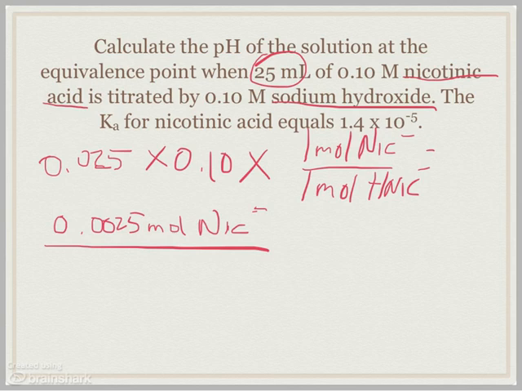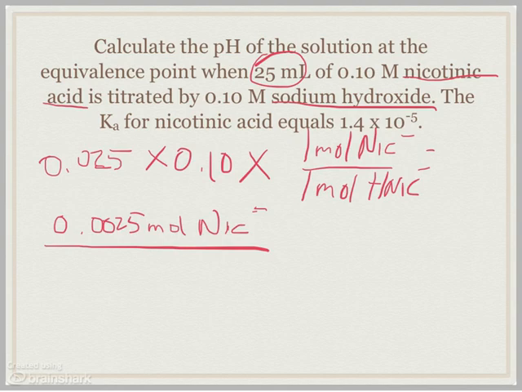Well, because this is at its equivalence point, we're able to see what the volume is going to be for the sodium hydroxide, because equivalence point is basically where the number of moles of acid equals the number of moles of base. Well, if you have 25 milliliters of 0.1 of the acid, then that means you'd have to have 25 milliliters of 0.1 sodium hydroxide as well, because then the two will equal out.